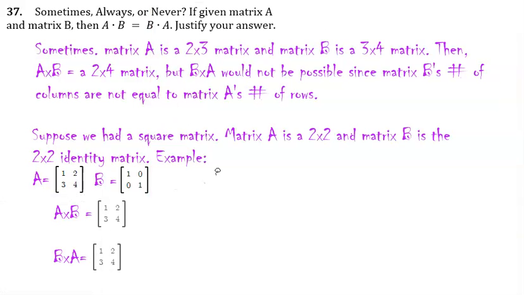So since they're the same thing, it's possible for A times B to equal B times A. But since it's sometimes and not always, matrices are not commutative.